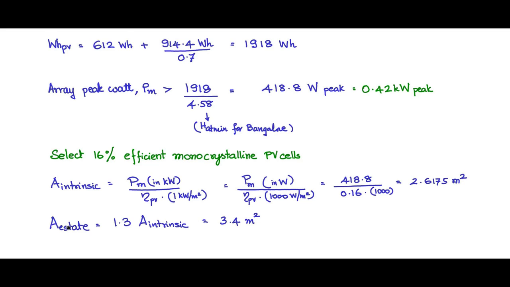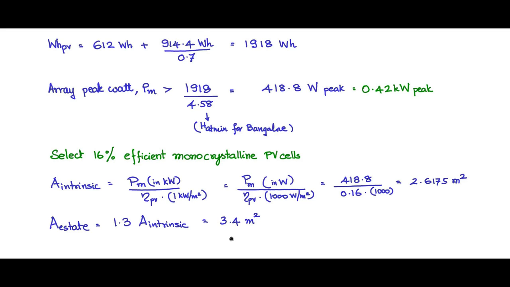The actual area of the real estate will be 30% more than the intrinsic area of the panel, and that we have discussed earlier that it is needed for maintenance purpose, cleaning purposes, and 1.3 times 2.6175 works out to be 3.4 meter square.